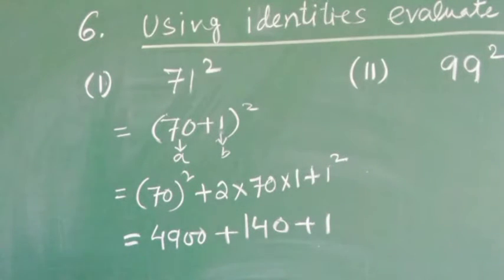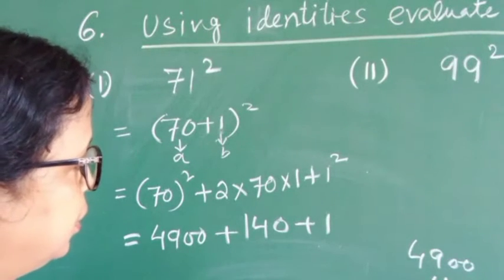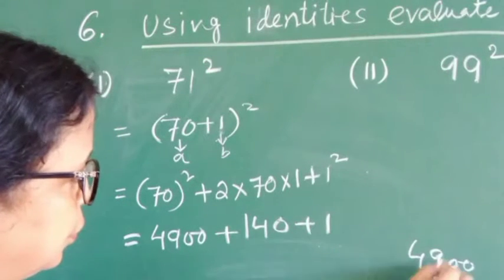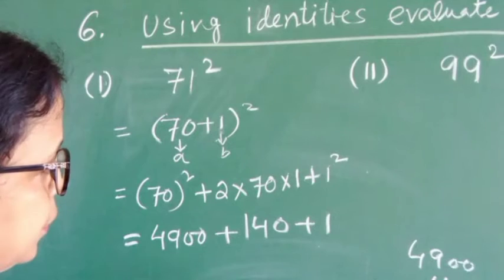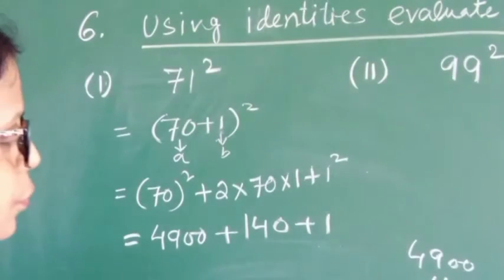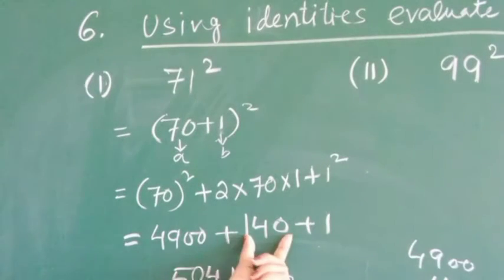If we add all these, 4900 plus 140 plus 1, we get 5041. And this is the answer.